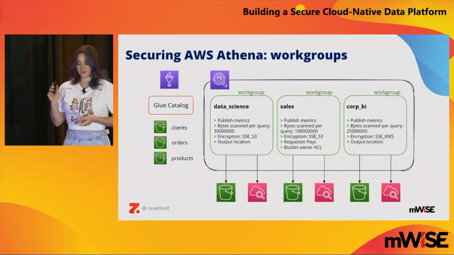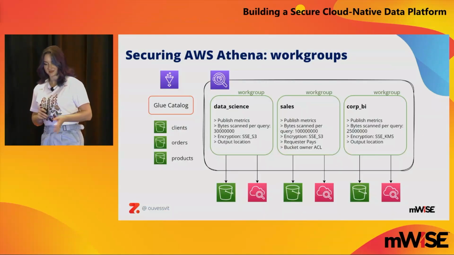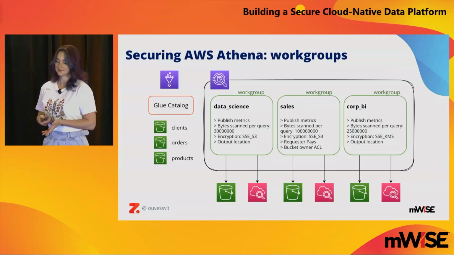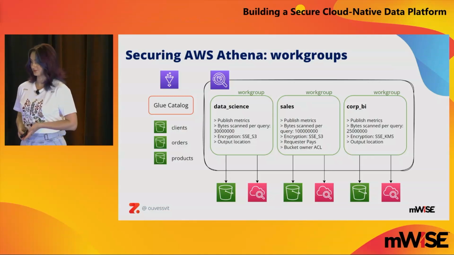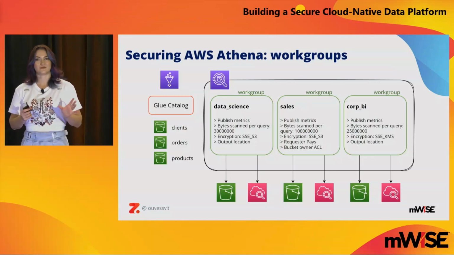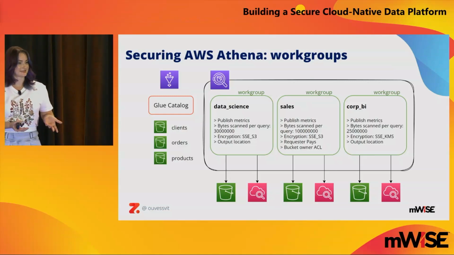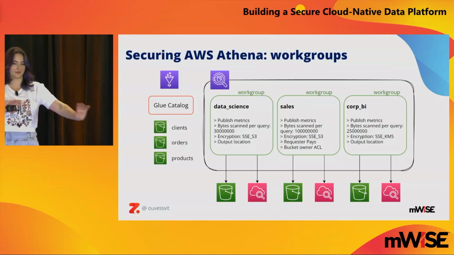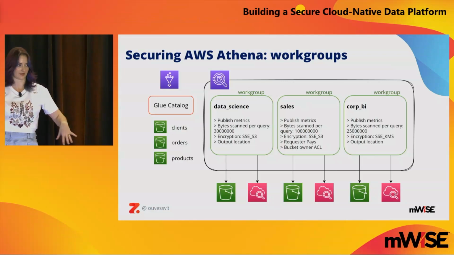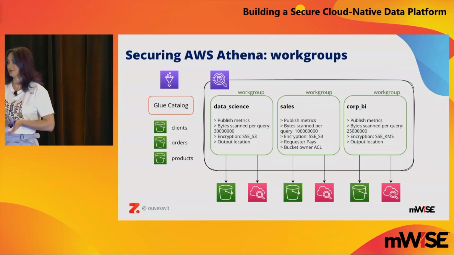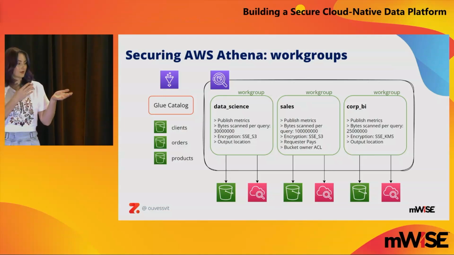And continuing on the Athena and Glue subject, like data analytics in AWS, in Athena you have work groups. That is a way for you to create those trusted research spaces without having to manage multiple AWS accounts and without bothering what data sits where. You can just have your AWS account with your data and create work groups for different purposes.